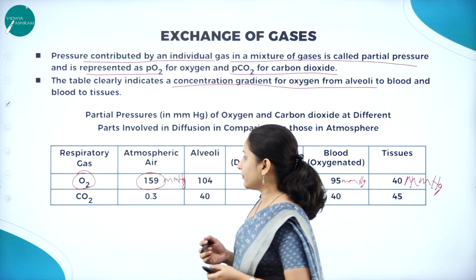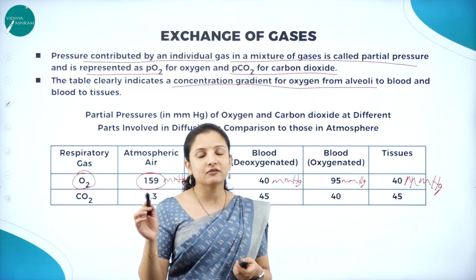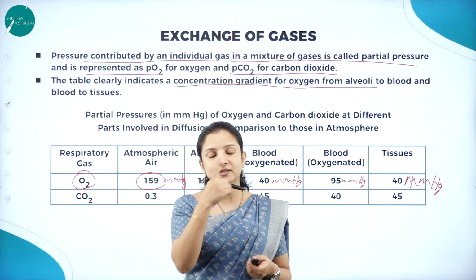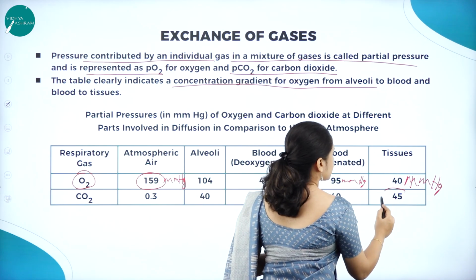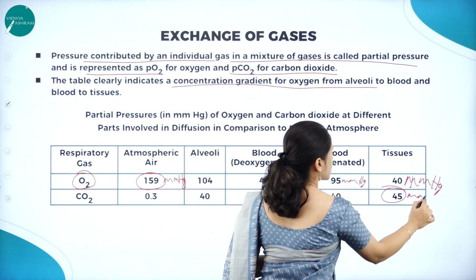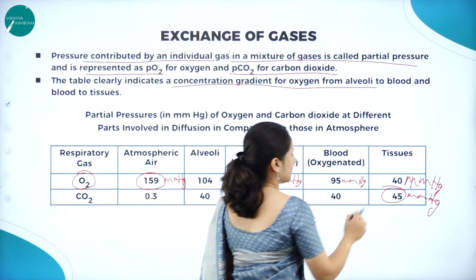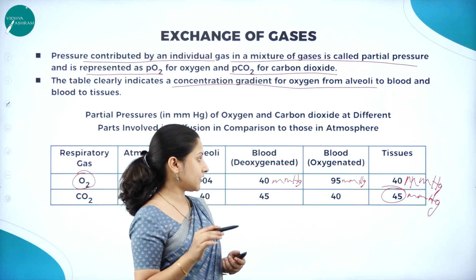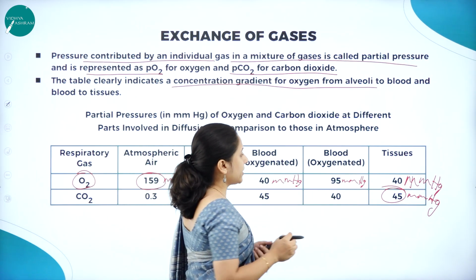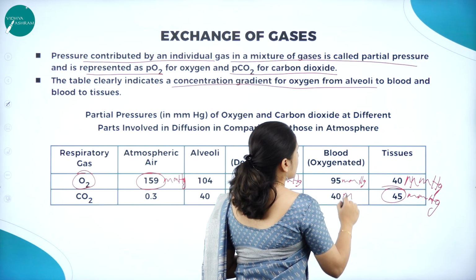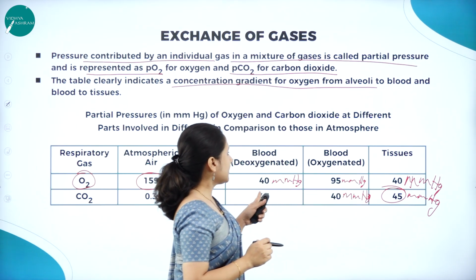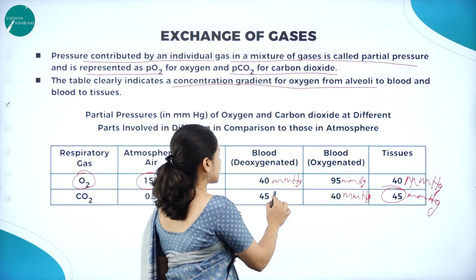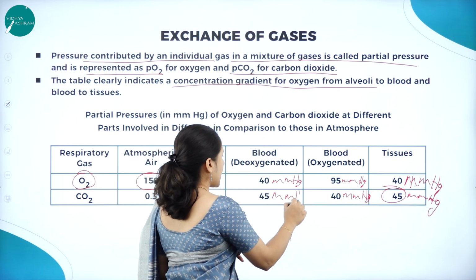Now talking about carbon dioxide. From where is the carbon dioxide coming? It is coming from the tissues, right? So I'll start from here. In tissues, the partial pressure of carbon dioxide is 45 mm Hg. In the blood, it is 40 mm Hg in oxygenated blood, and in the deoxygenated blood it is 45 mm Hg.